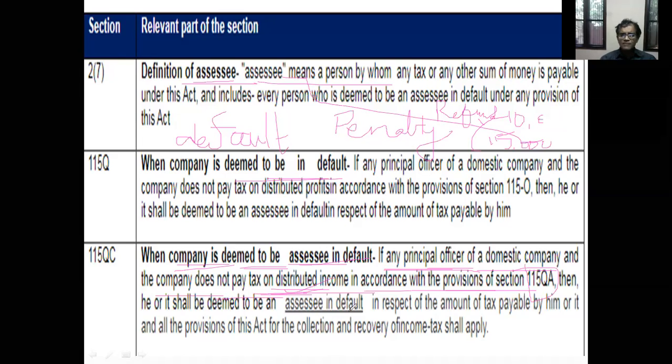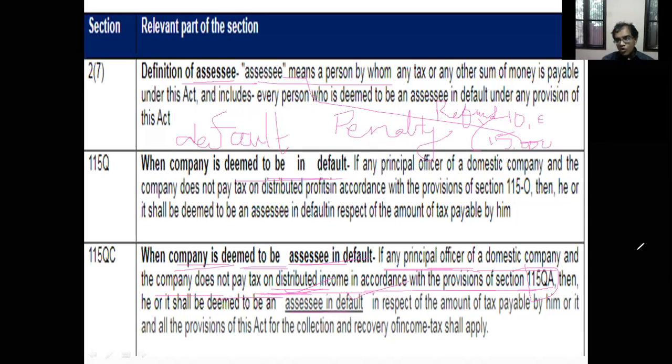So in case of companies, the person responsible to pay tax on the distributed income to the tax authorities is known, under the provisions of section 115QA, as assessee in default. Okay.